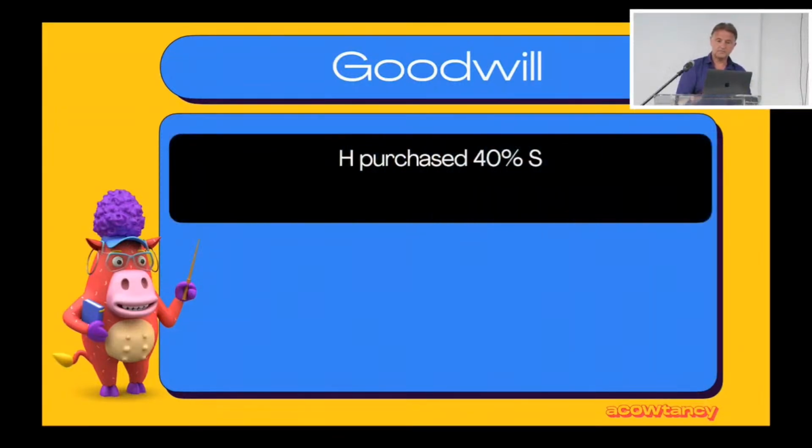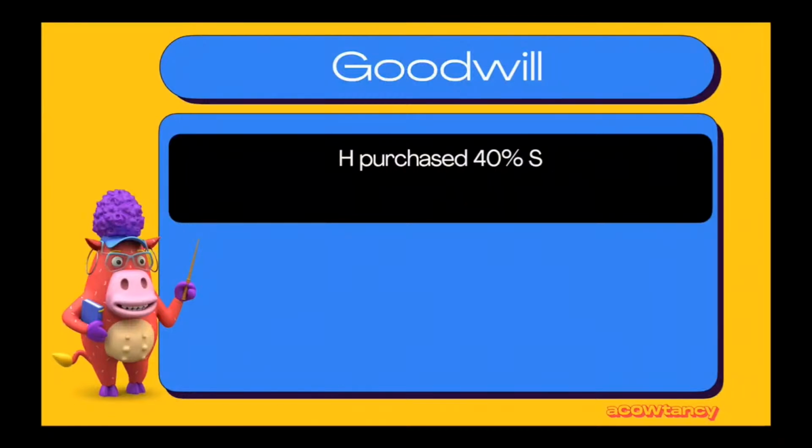Super, well done. Right, for those of you doing FR or SBR, goodwill. H bought 40% of S. Normally to become a subsidiary, you have to have control.